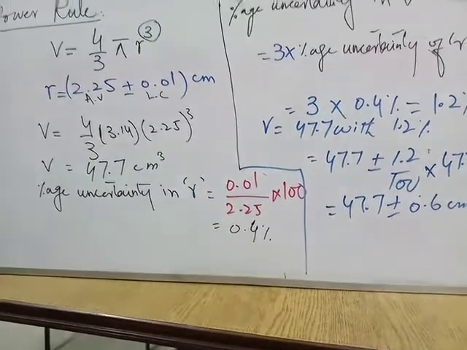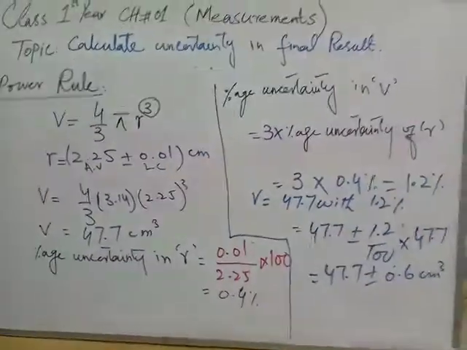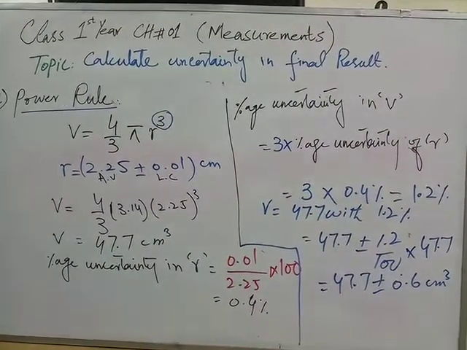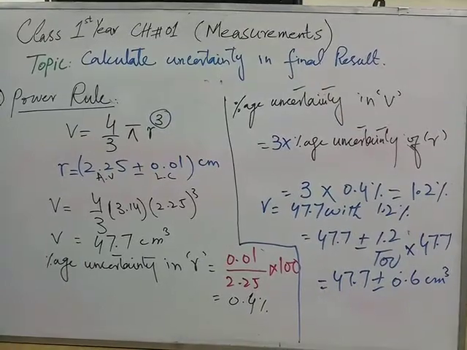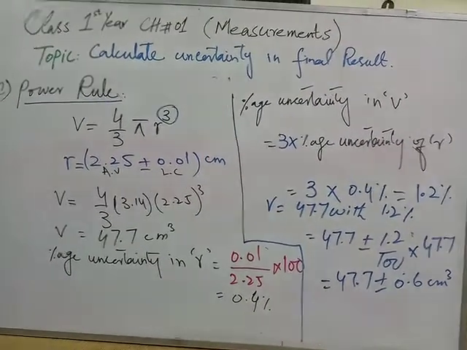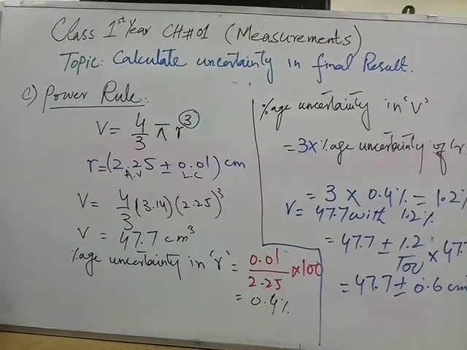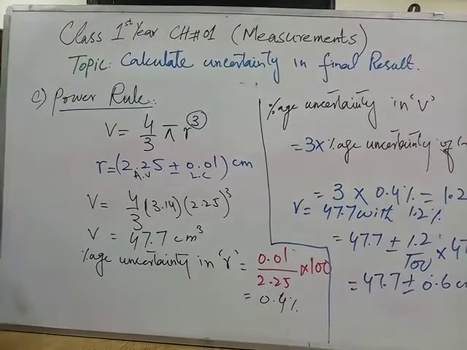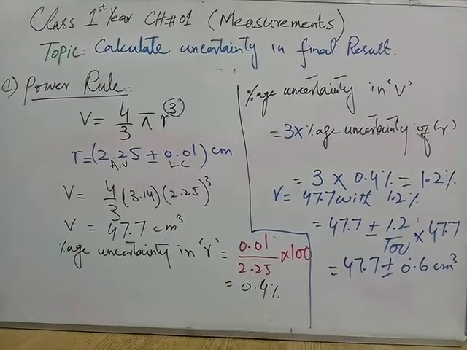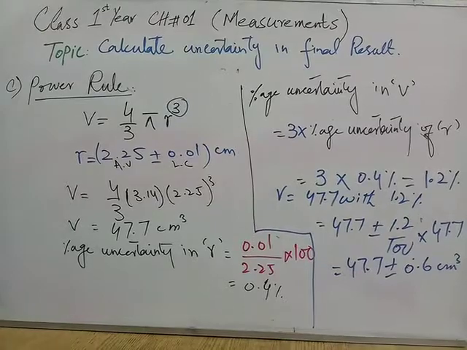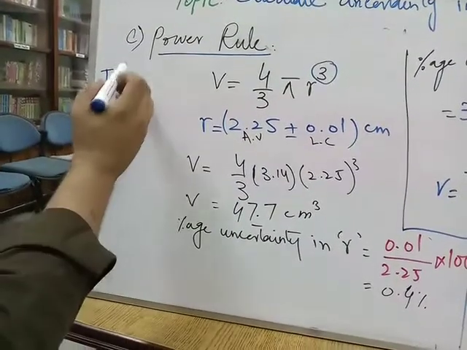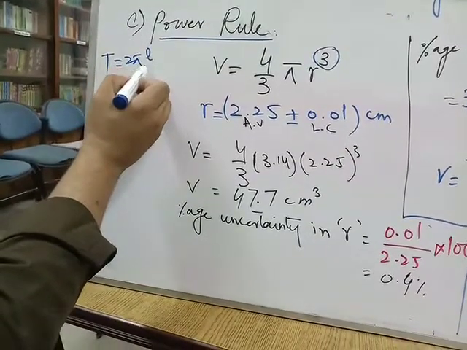You can solve any question like this; in your exercise there are too many questions which are solved by this method. You can also check, for finding the length of a pendulum, that the time period of the pendulum is 2 pi under root L over g.